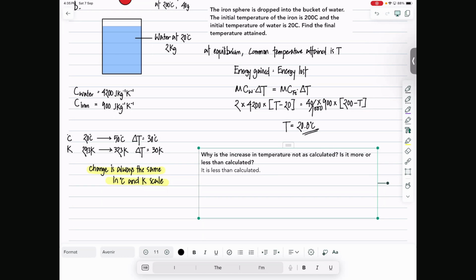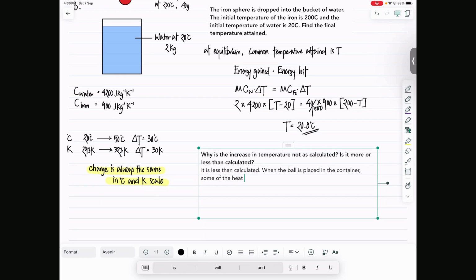It's because not all the energy was used to raise temperature. Some of the energy was what? Used to boil the water. Therefore, not all the energy is available. Okay, so it's less than calculated. The reason is: when the ball is placed in the container, some of the heat is used to turn the liquid into gas.